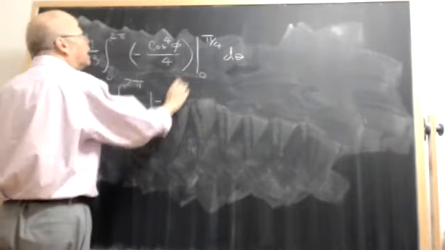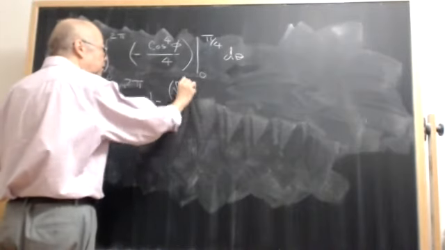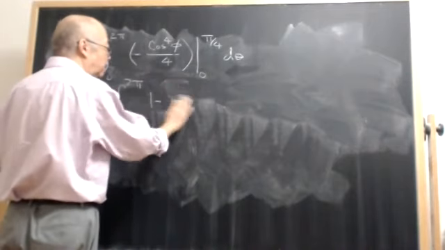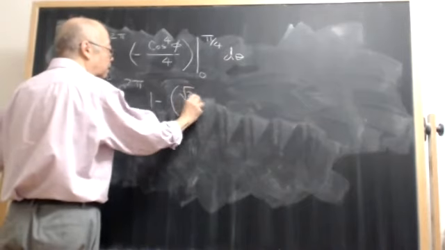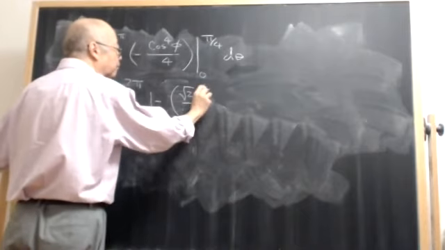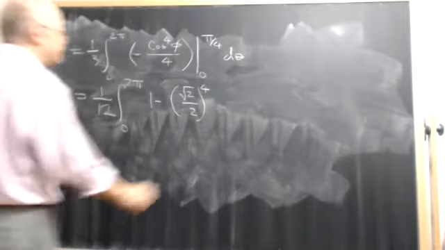So it's root 2 over 2 to the 4. I have taken 4 out already. Right? So I get this.